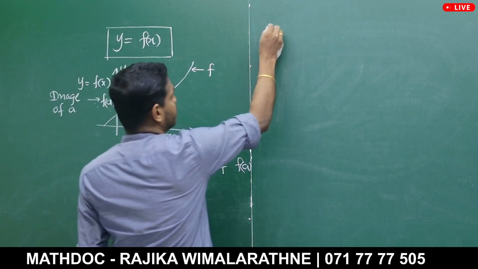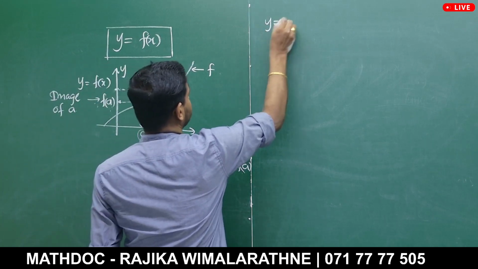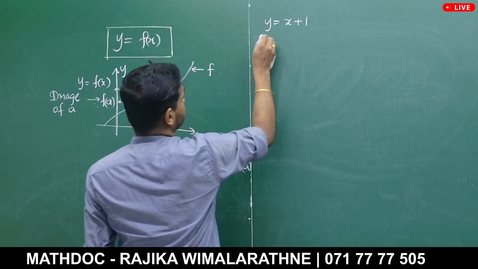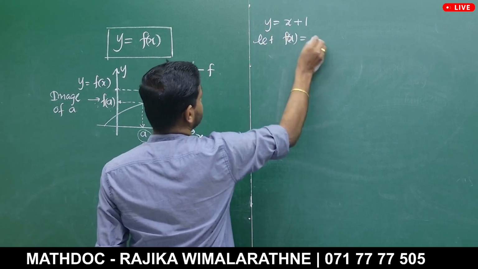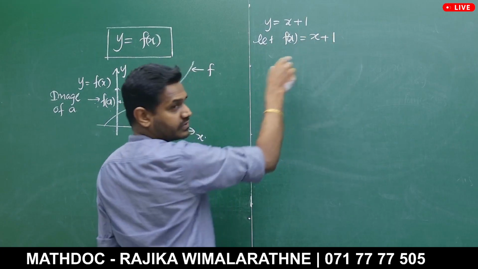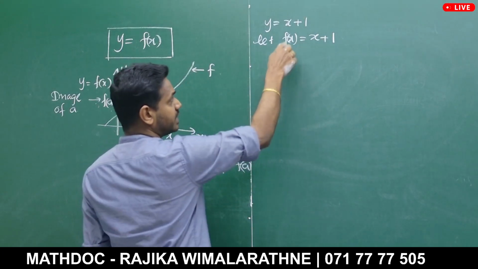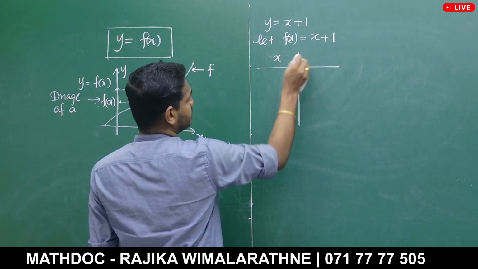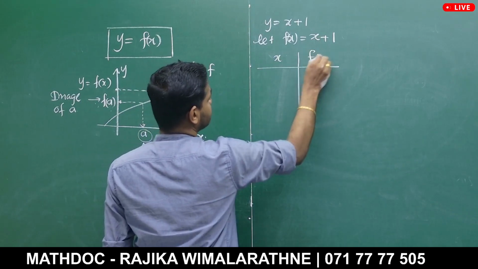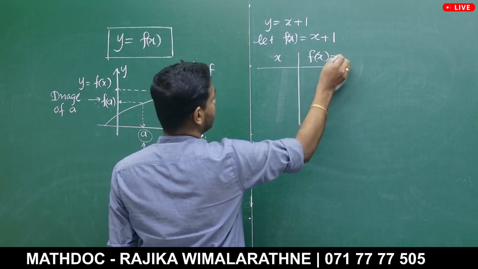So now you consider y equal x plus 1. Let's say f(x) equal x plus 1, no issue. Take this idea first. You take x values, you find f(x) values. f(x) means otherwise we say y.